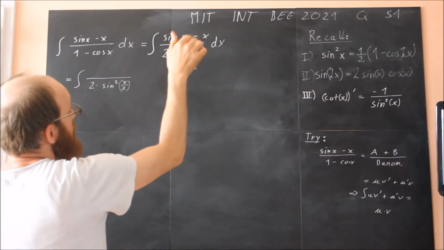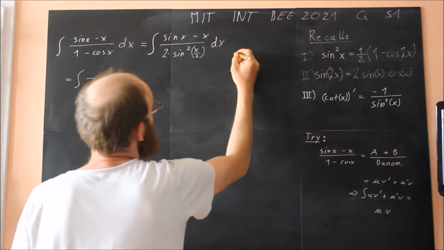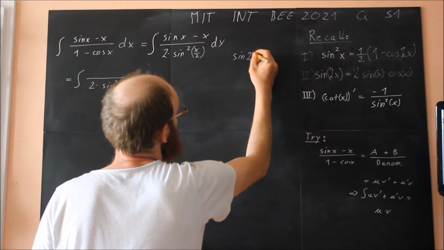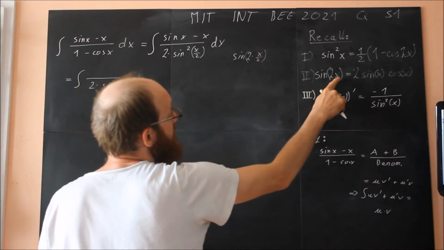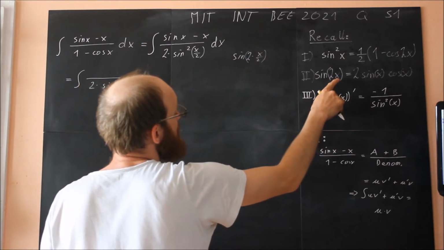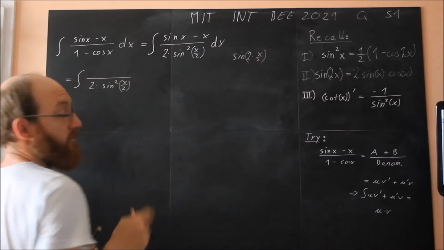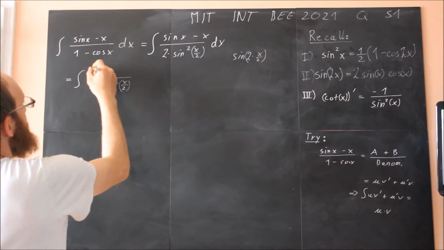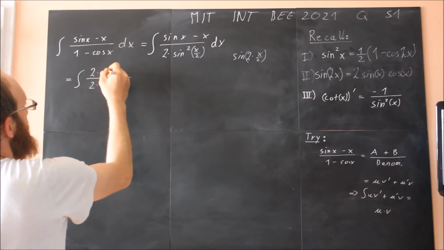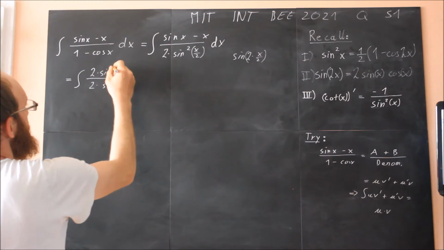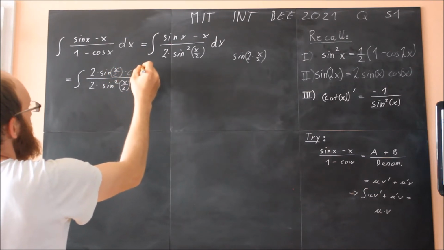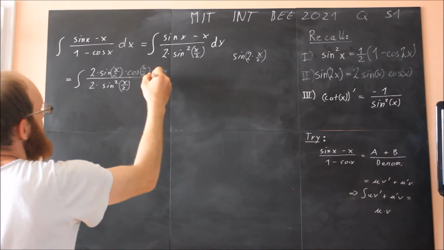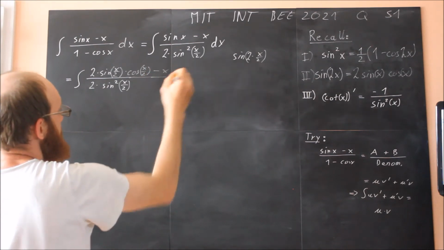So this sine x we write as 2 times x over 2, and so we can apply the double angle formula with x being x over 2. Therefore we get 2 times sine x over 2 times cosine x over 2, minus x, dx.